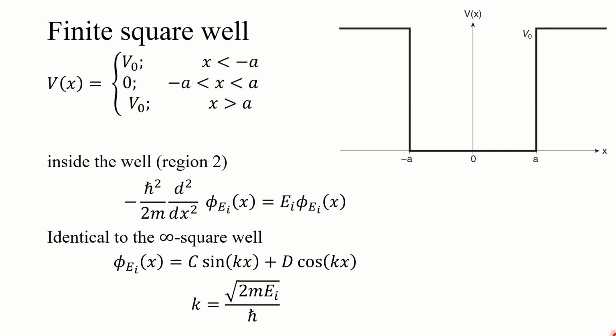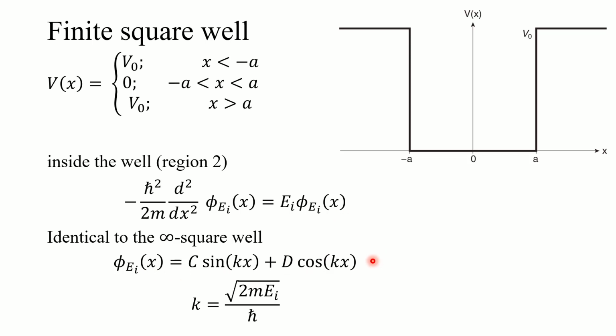If we move on to region 2, this is exactly the same as what we saw with the infinite square well. We have a potential equal to 0. When we plug it in, our eigenvalue equation looks like this, the exact same thing we had for the infinite square well.